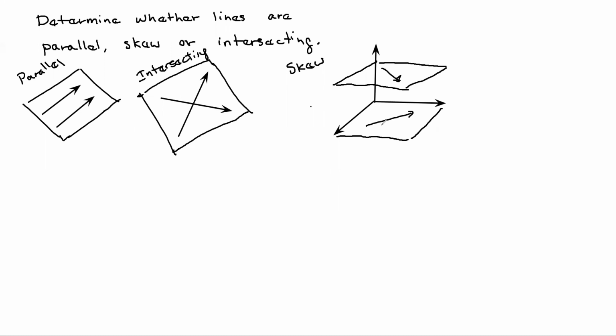If you have two lines that never intersect, you could have them represented on parallel planes. Okay, so that's the idea behind the three different cases. Two of them exist on one plane, the third one exists on two separate planes.